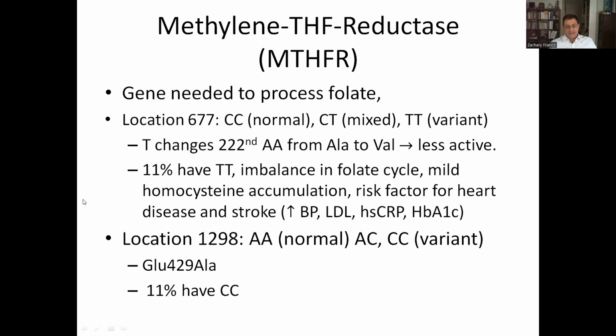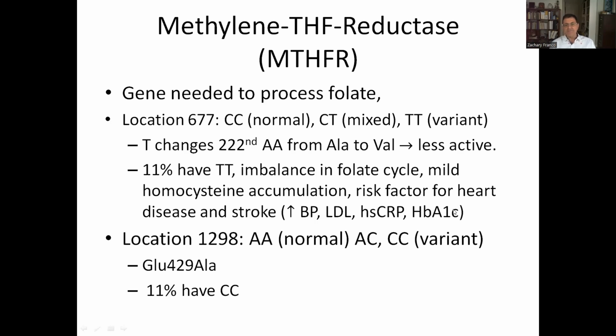And so homocysteine, like I said, is a risk factor for heart disease and stroke. That was, at least, the way of thinking for a long time. It's been shown that if you have high homocysteine, you're likely also to have increased blood pressure, cholesterol, high sensitivity CRP, and sugar for diabetes.